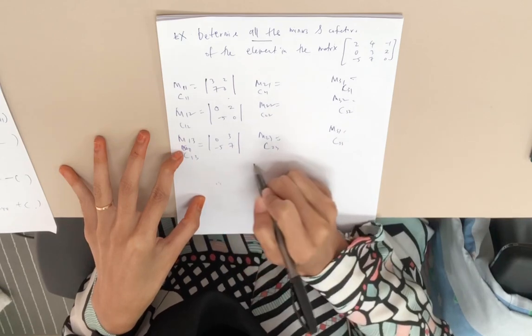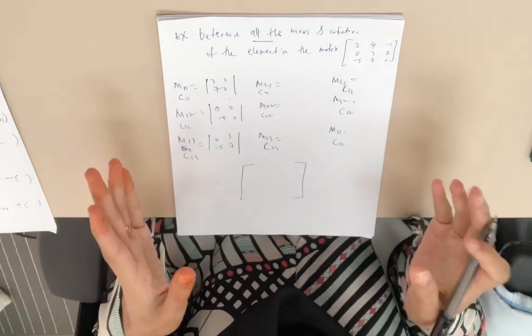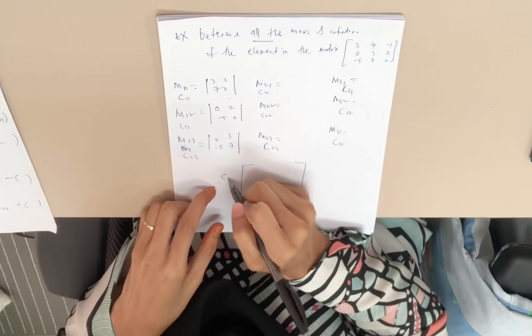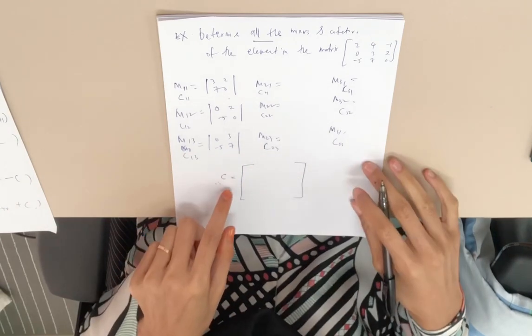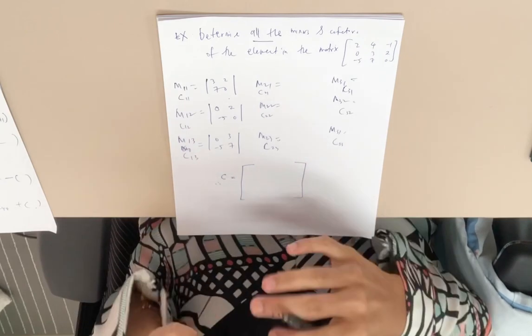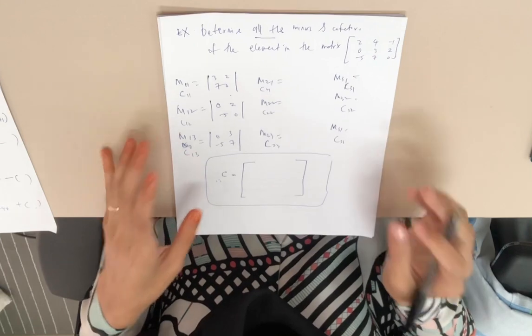Okay, and the final answer. Why? Because this is the question that asks you to find all. So why not compile all of these, your matrix C, into one matrix. I hope that you can answer this question.